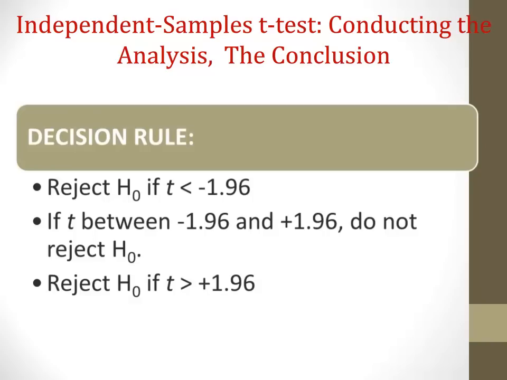That is, we would say that there was a statistically significant difference between our two groups. However, if the t-value that we calculated was between these two numbers, then we would say that we failed to reject the null hypothesis, and there was not a statistically significant difference between the means of the two groups.